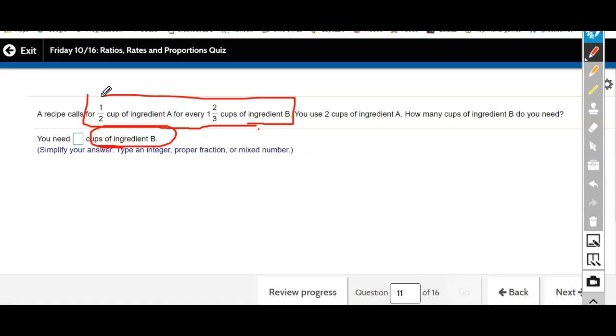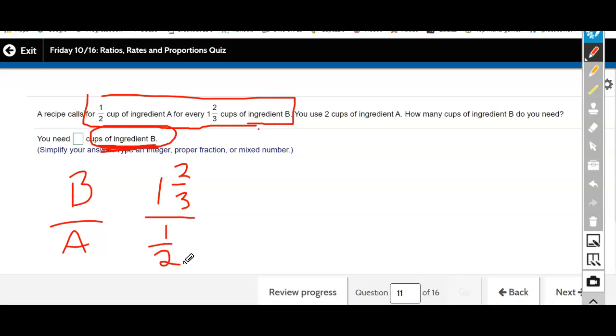I said B over A because we are looking for B. So we want to set it up as B over A when you're looking for B: 1 2/3 over 1/2, because 1 2/3 is B, 1/2 is A.